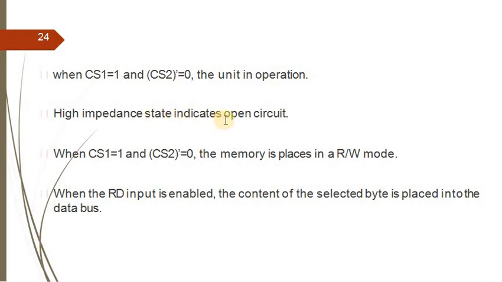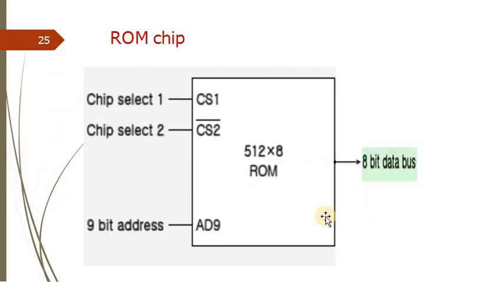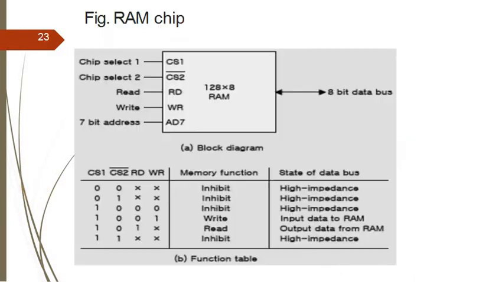High impedance state indicates open circuit. When CS1 equals 1 and CS2 complement equals 0, the memory is in write or read mode. When the read input is enabled, the content of the selected byte is placed onto the data bus. I have already explained that. Based on this chip select only, the state of the data bus is decided.